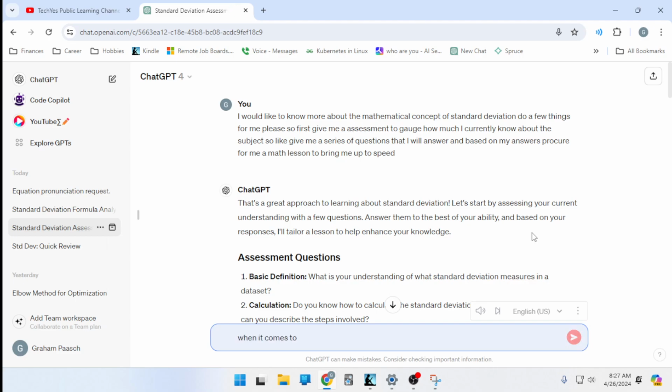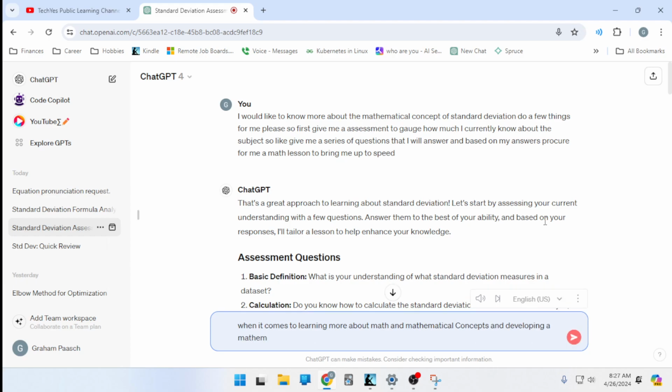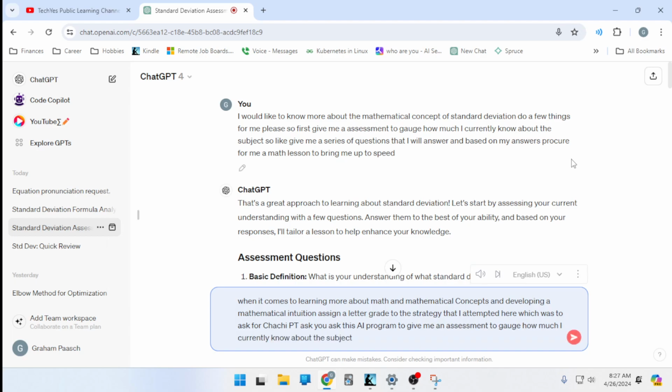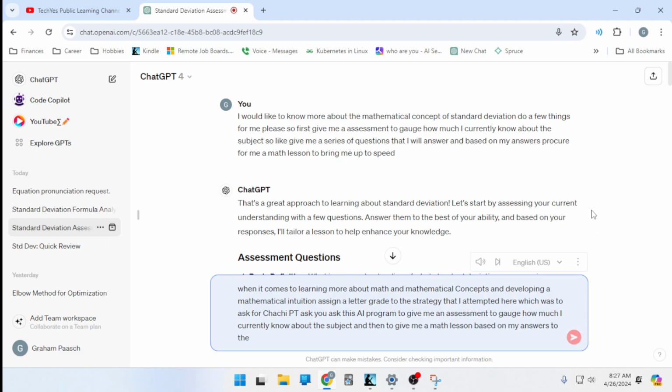When it comes to learning more about math and mathematical concepts and developing a mathematical intuition, assign a letter grade to the strategy that I attempted here, which was to ask ChatGPT, this AI program, to give me an assessment to gauge how much I currently know about the subject, and then to give me a math lesson based on my answers to the assessment.